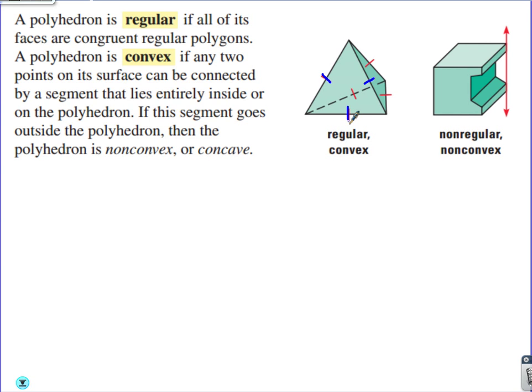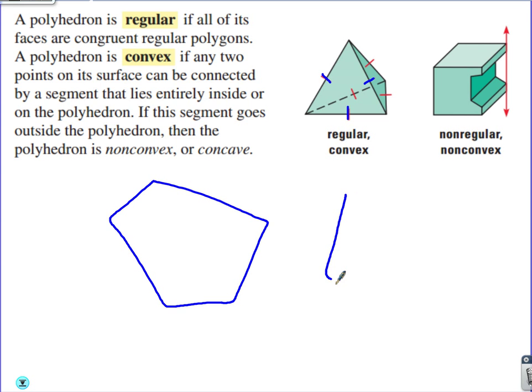A polyhedron is convex. Let's talk about concave versus convex again. Last chapter, that was a convex polygon. This was a concave polygon because it is caved in. It's the same thing with polyhedron here.